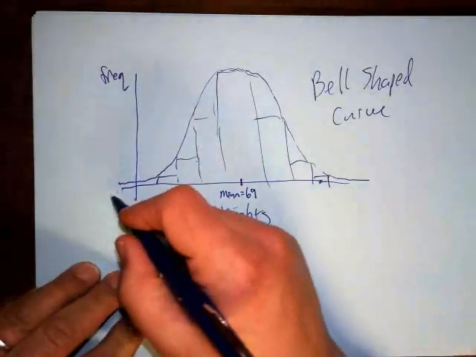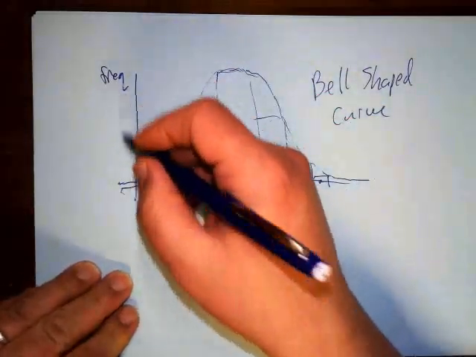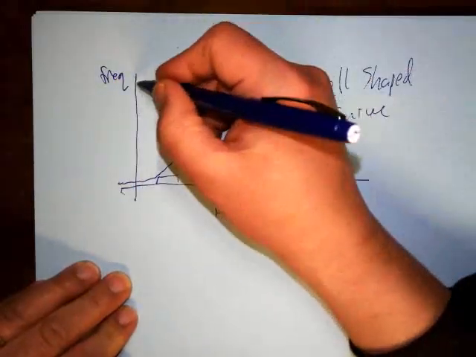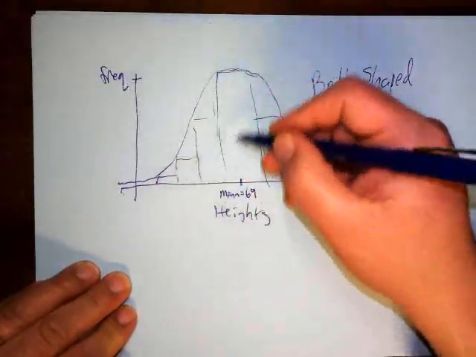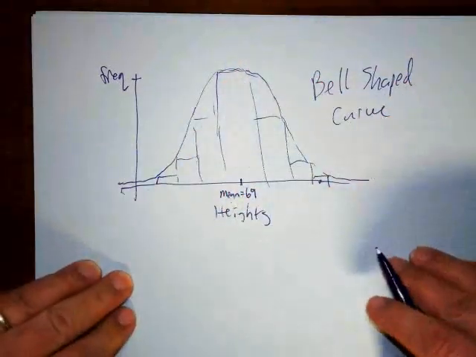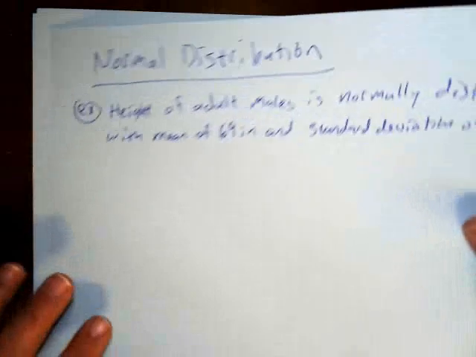So what we're going to do here is ignore the actual height of the bars, because these frequencies for adult males would be in the millions, right? We're going to ignore the actual data and just look at the curve. So we won't have a vertical axis here.